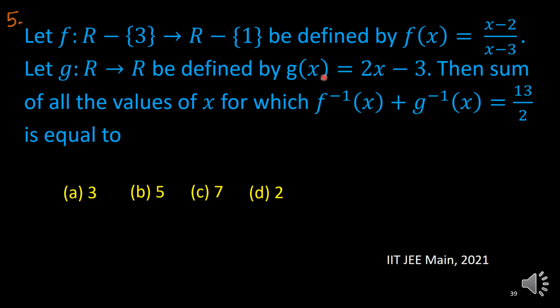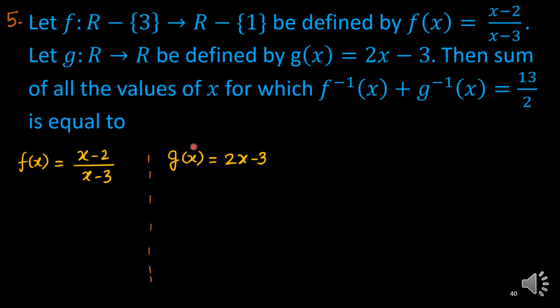So we need to compute f inverse x, we need to compute g inverse x. We should add these two, equate this with 13 by 2, solve for x, then those solutions I need to add up. Okay, that is the question. So what I will do, I will consider this f of x and g of x separately. I need to find f inverse x here and g inverse x here, and that is very simple.